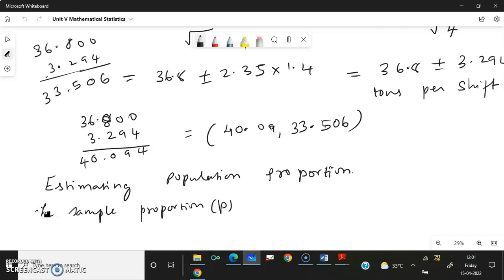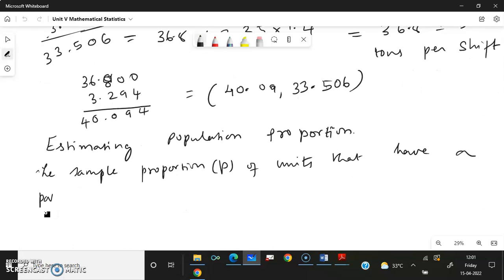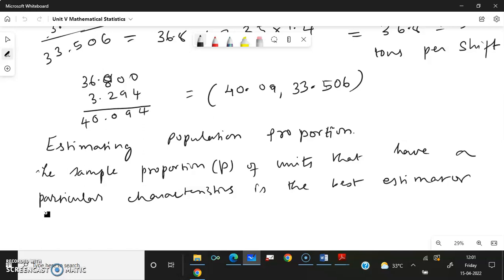p of units that have a particular characteristic, the population proportion P of units that have a particular characteristic, is the best estimator of the population proportion.